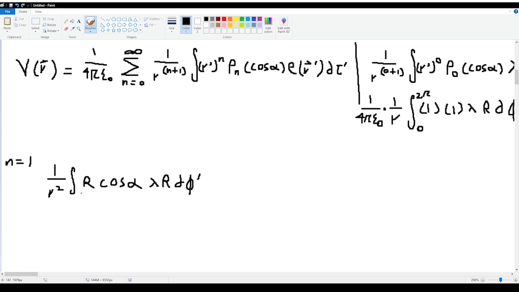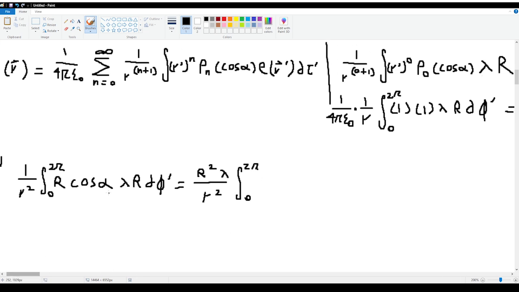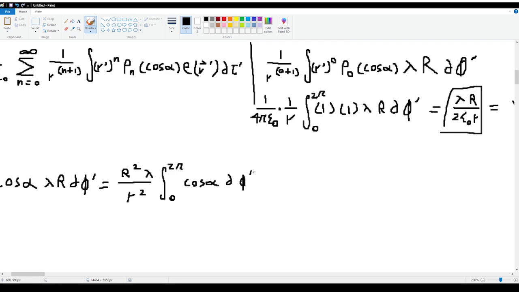So we can pull out the constants, and we'll get big R squared lambda over r squared, the integral from 0 to 2 pi. And now we'll have a cosine alpha here, and we're integrating in terms of phi prime.